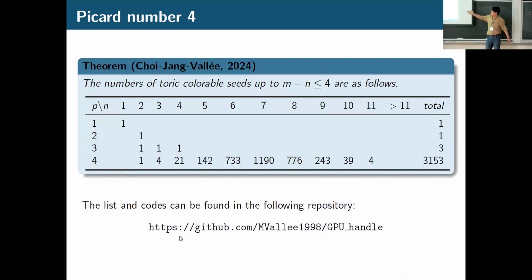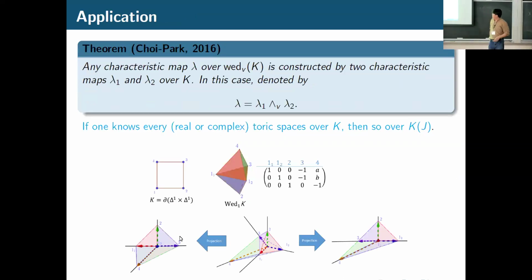Okay, so anyway, the complete list and codes can be found in Matthew's GitHub repository. So now we have a complete list of the toric Fano seeds of Picard number 4.